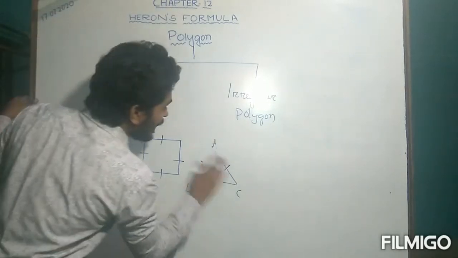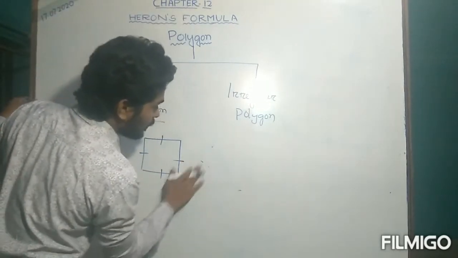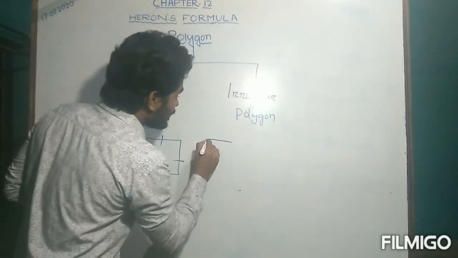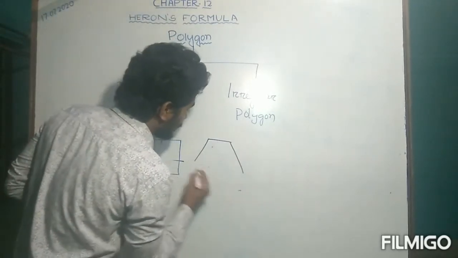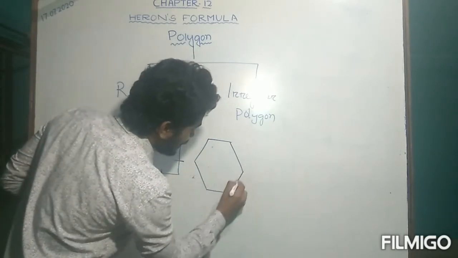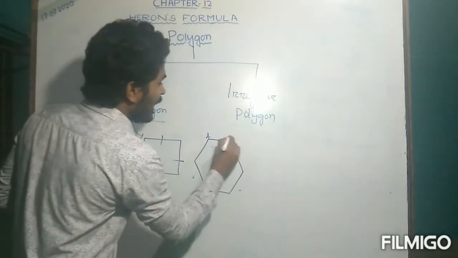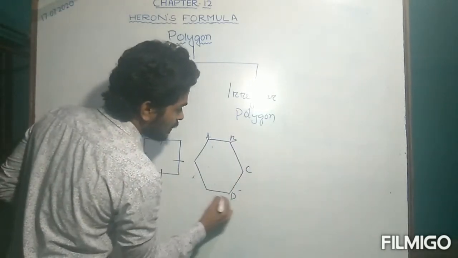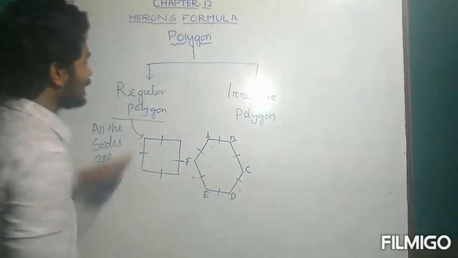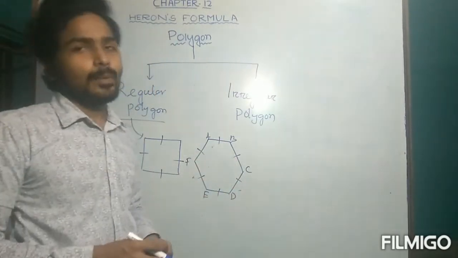Suppose I am taking a hexagon. Hexagon means it has 6 sides. If all the sides of the hexagon are equal, then it is known as a regular polygon.